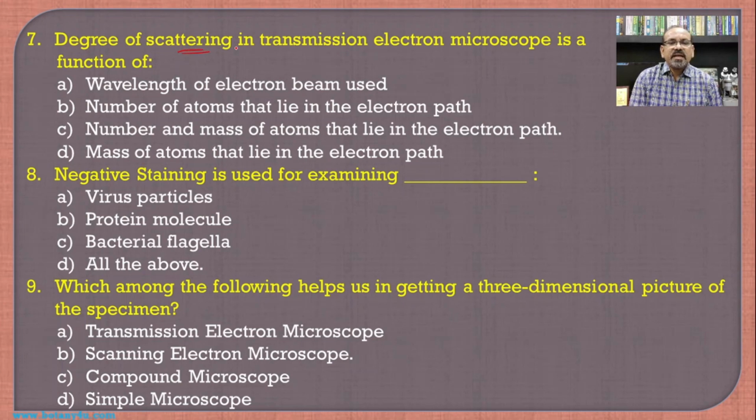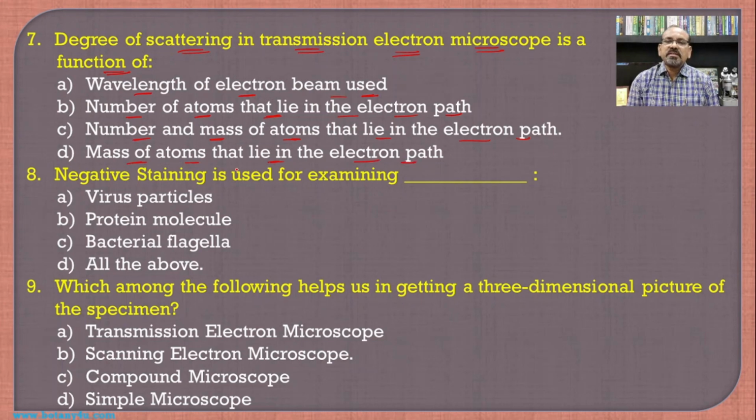Then degree of scattering in transmission electron microscope is a function of. If we see the TEM, that is the transmission electron microscopy, then here the wavelength of electron beam is used, then the number of atoms that lie in the electron path, then the number and mass of atoms that lie in the electron path, and the mass of atoms that lie in the electron path.